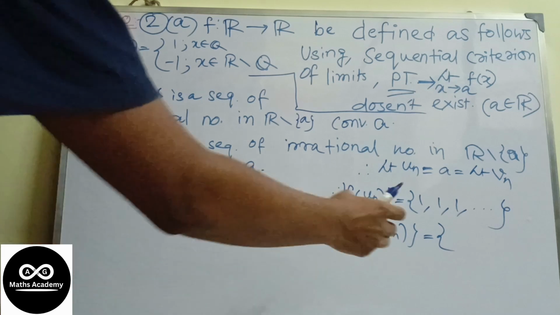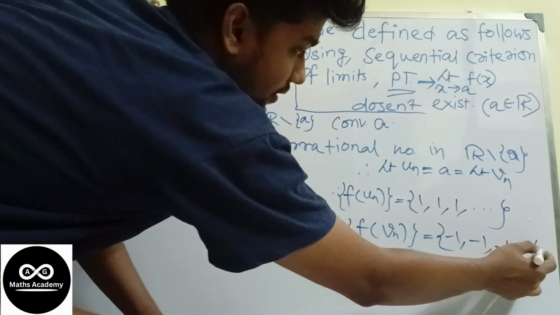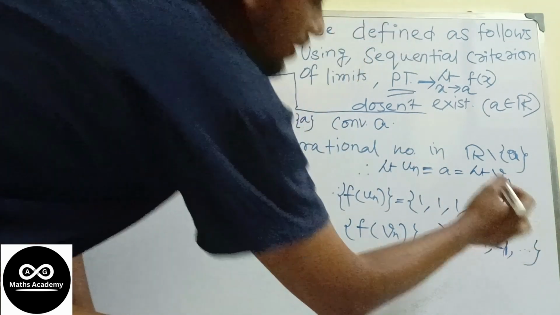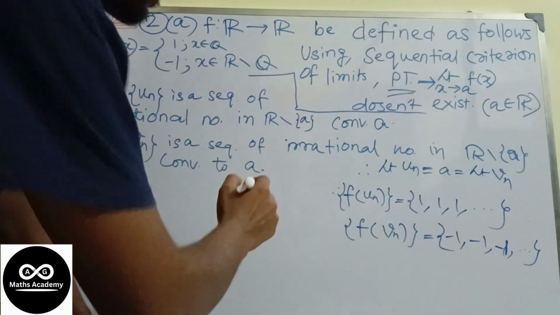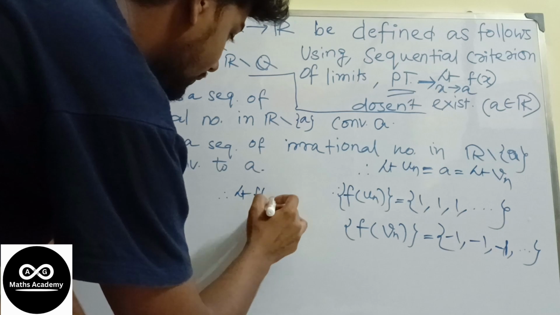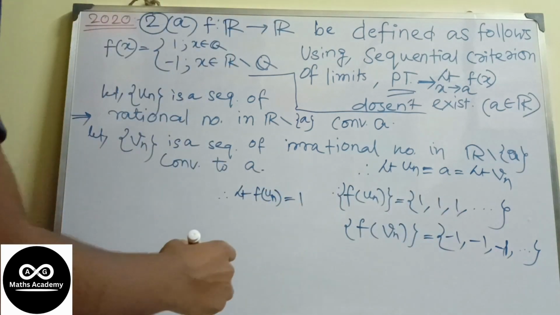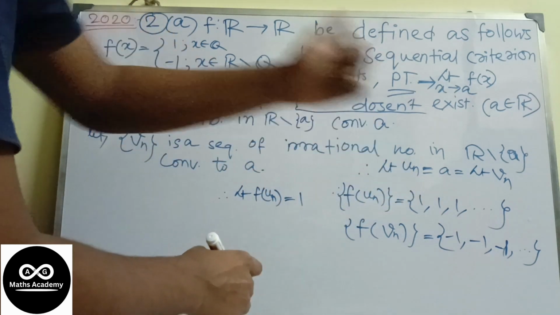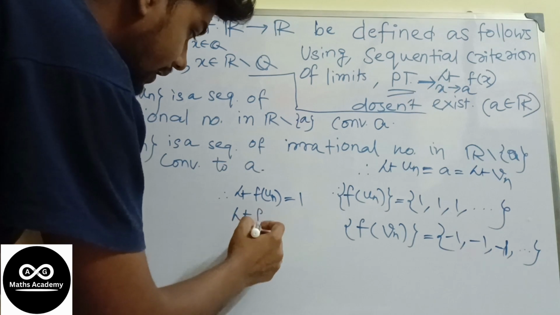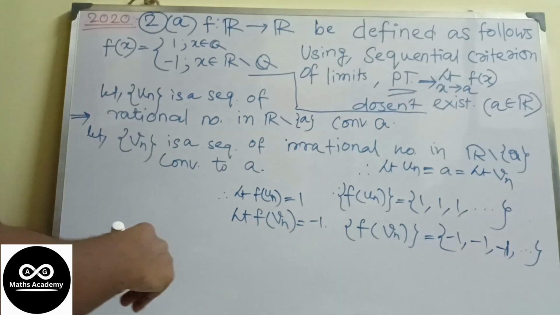So the limit of f of un is 1, as it contains all ones, and the limit of f of vn is minus 1.